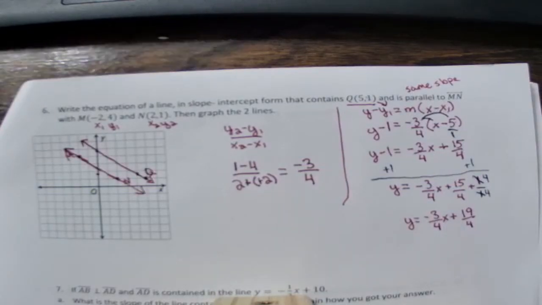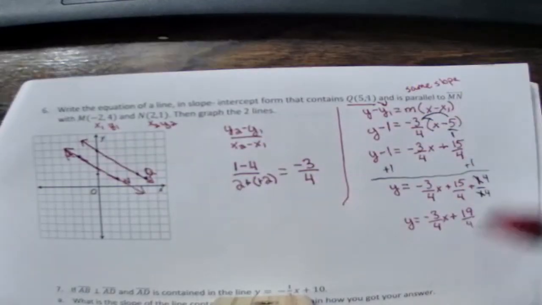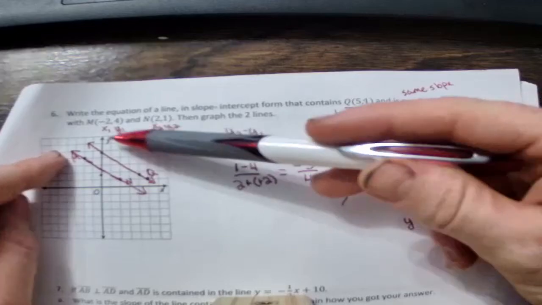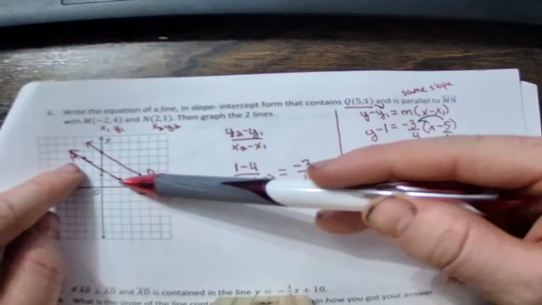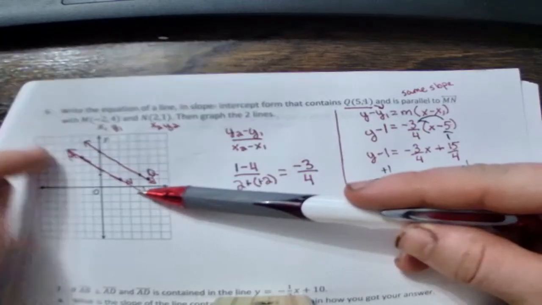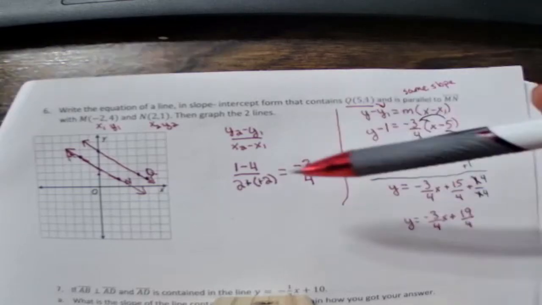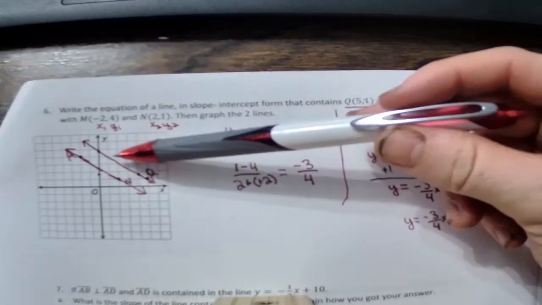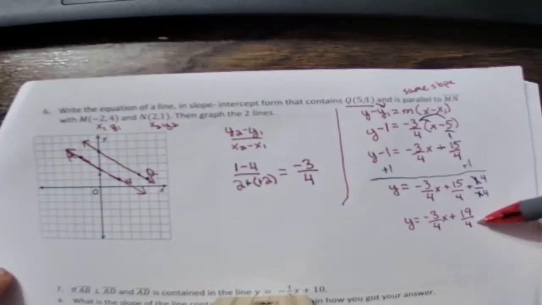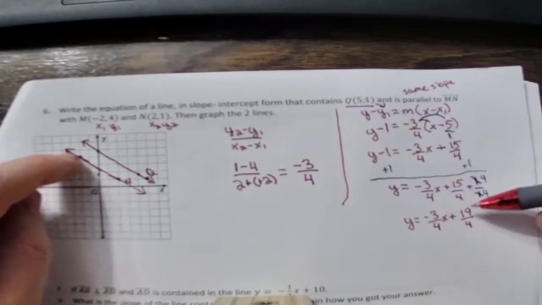So the other part of this one was to actually draw the lines. Instead of me drawing it on there, I figured I would just put it up and then show you how I got it. The way I found the original line MN is I just plotted these points M and N and connected them and made a line going through them. To find the line that's supposed to be parallel to it, since I already found the y-intercept, I went ahead and plotted that.